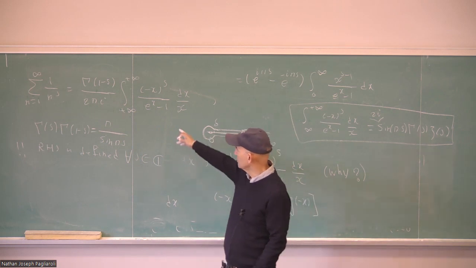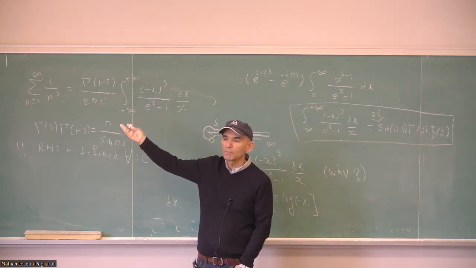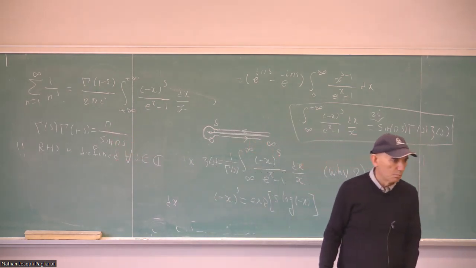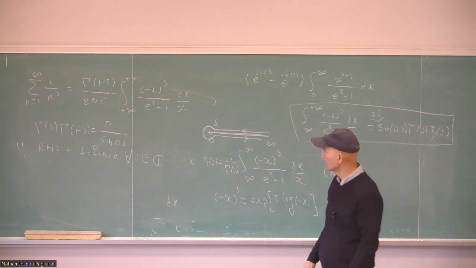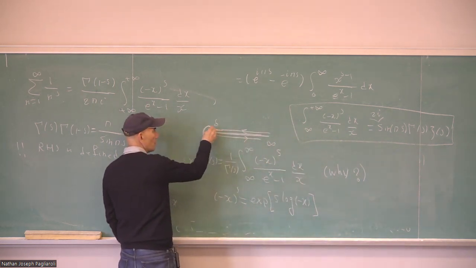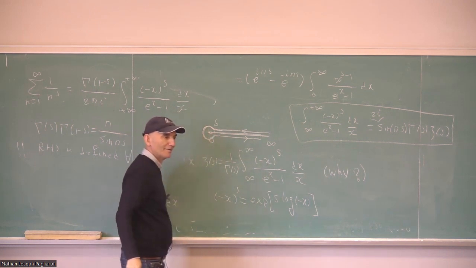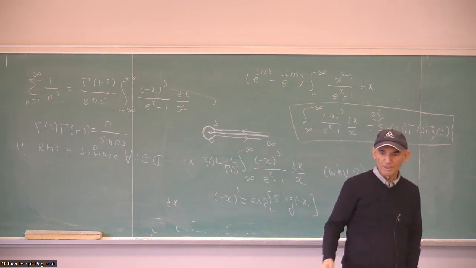This is an integral. You have to worry about its convergence. Where is the possible problem? No, 0 is okay for this integral because we are avoiding 0. We are going like that. This is the contour. 0 is avoided. So the only possibility is infinity.